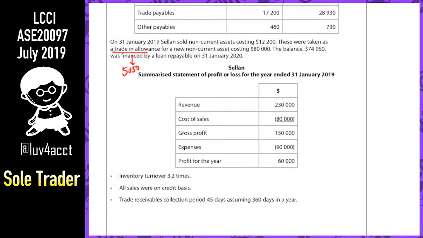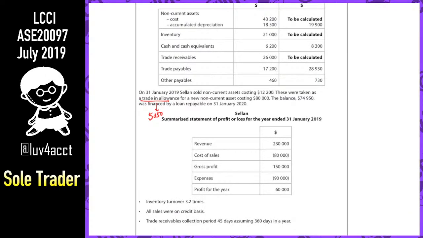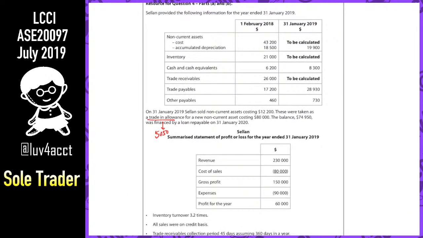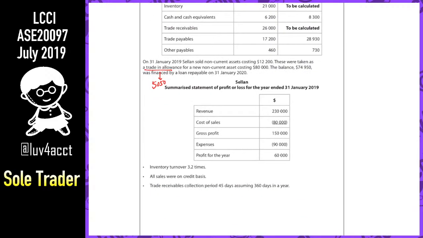Summarize statement of profit and loss for the year. Revenue, cost of sales, gross profit, expenses, and then profit for the year. Inventory turnover, 3.2 times. All sales were on credit basis.